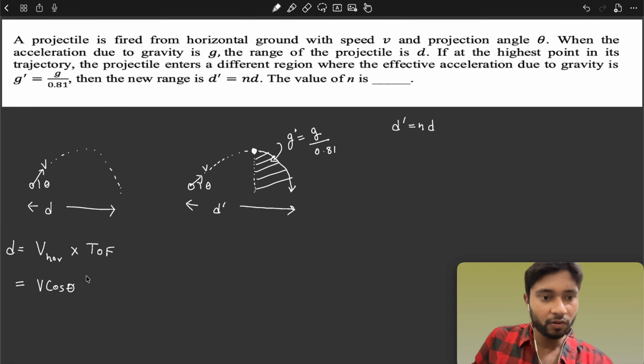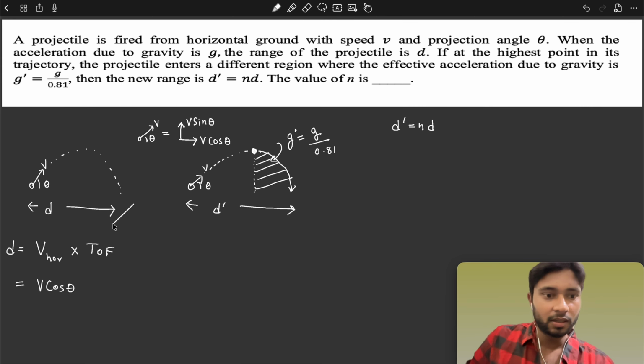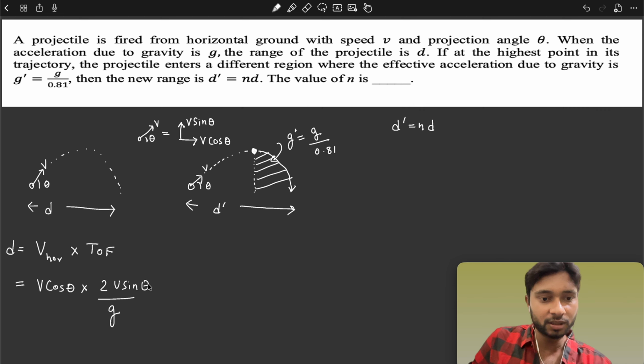For any velocity vector v at an angle theta, we can write it as v cos theta in the horizontal direction and v sin theta in the vertical direction. So v cos theta multiplied by time of flight, which is 2 into vertical velocity by gravity, 2v sin theta by g.